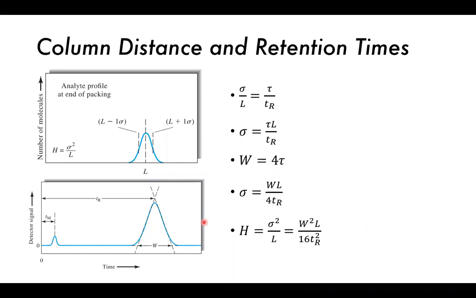And so then we can calculate reasonably easily the plate height H. So then we can get plate height H in terms of sigma squared over L is equal to W squared L over 16 TR squared. So that gives us a more manageable term for plate height.